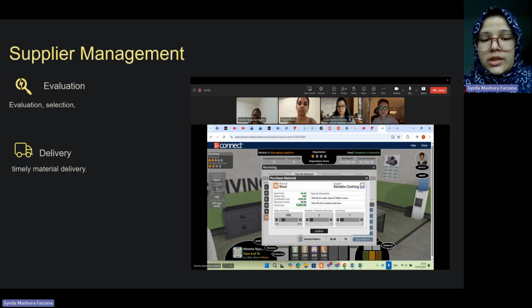Our supplier choice led to significant benefits. Procuring wool from Reliable Clothing ensured a steady supply and prevented disruptions. On the other hand, bulk order discounts allowed us to manage the budget more efficiently, freeing up funds for high priority materials like silk and denim.